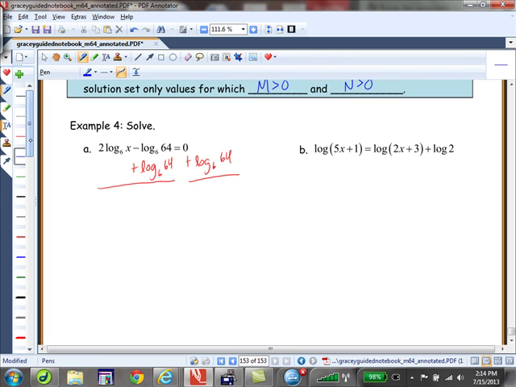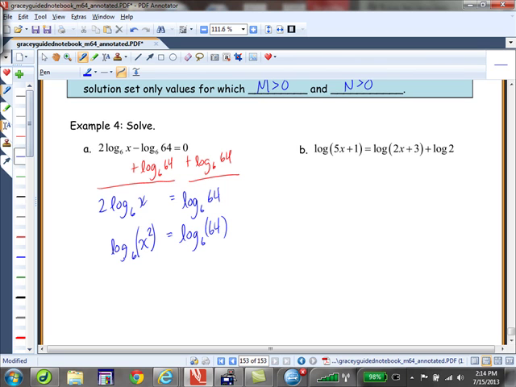So then we'll get a result of 2 log base 6 of x equals log base 6 of 64. Using the power rule backwards on the left side, we get log base 6 of x squared equals log base 6 of 64. So the m is x squared and the n is 64.